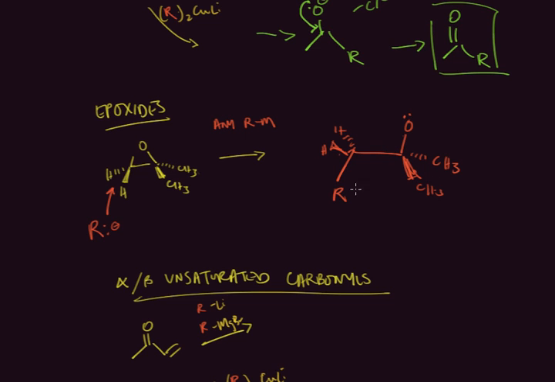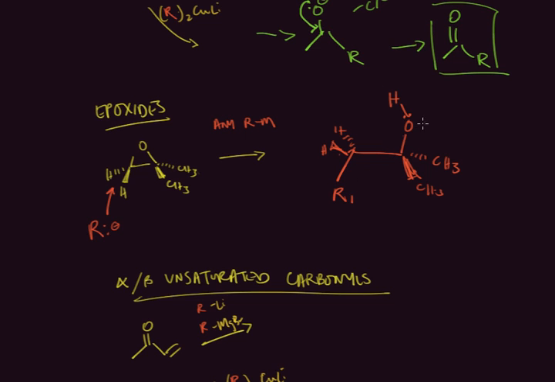But if they were different, this is the stereochemistry it would have, and then this gets protonated with the aqueous workup, such that the R group that was added, that nucleophilic R group that just got added, and the alcohol group here are on different sides.